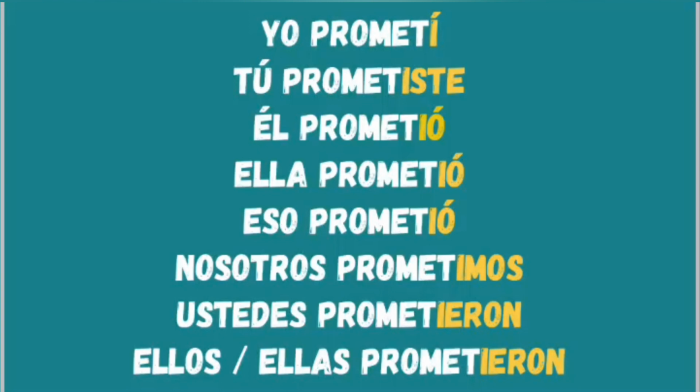And now we have they promised. In Spanish you have to say ellos prometieron, if you're talking about a group of boys. And if you're talking about a group of girls, then you have to say ellas prometieron.